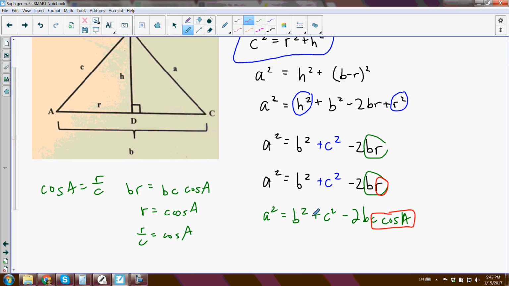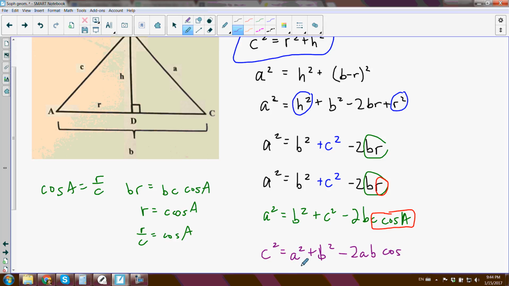Just trade places, and oh, c squared would equal a squared plus b squared minus 2ab times the cosine of guess what angle?